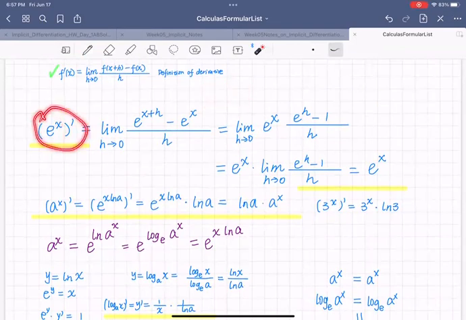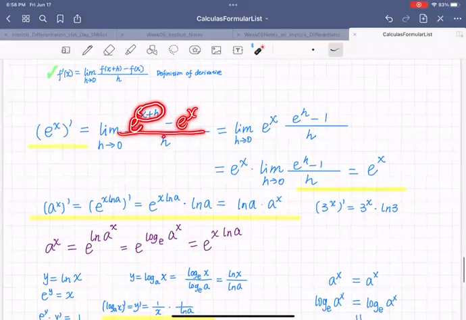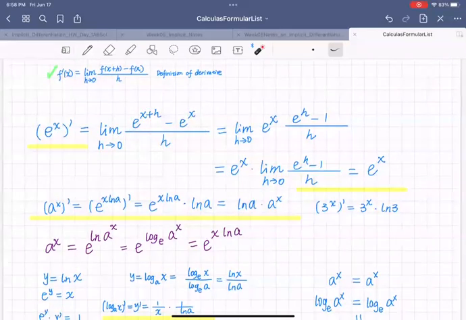So how do you get this guy's derivative? When there's no other way to go, we go to the original definition. So you do e to the power of x plus h minus e to the power x, and then divide by h. You extract this one out, and you have this here.